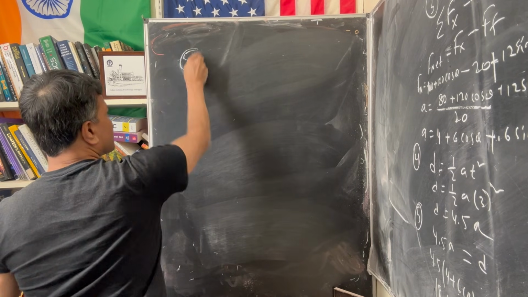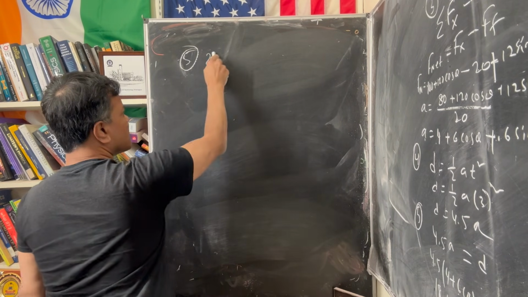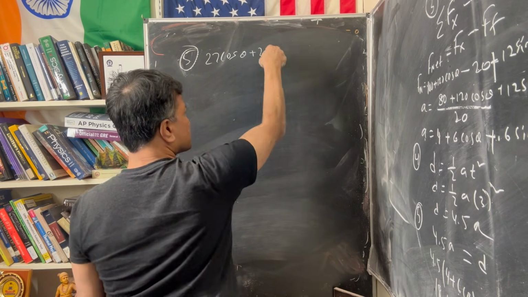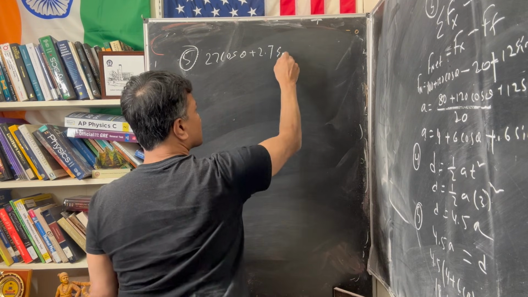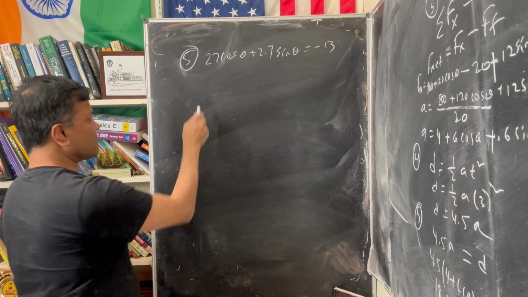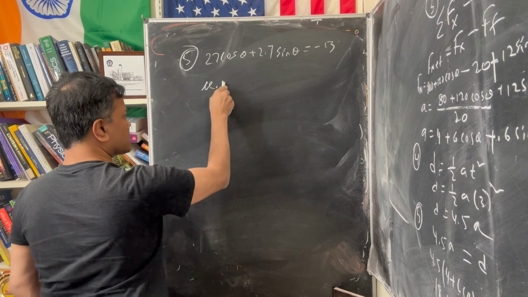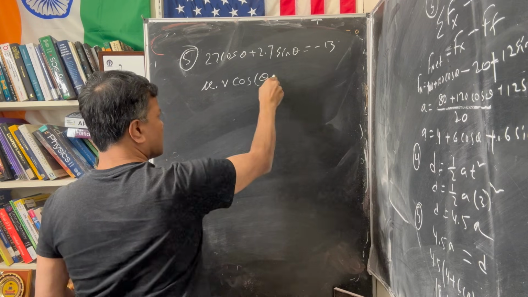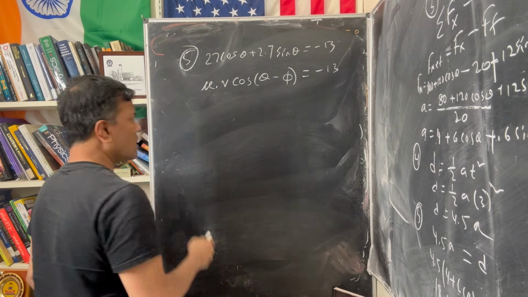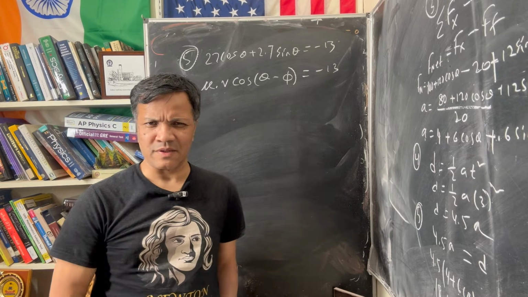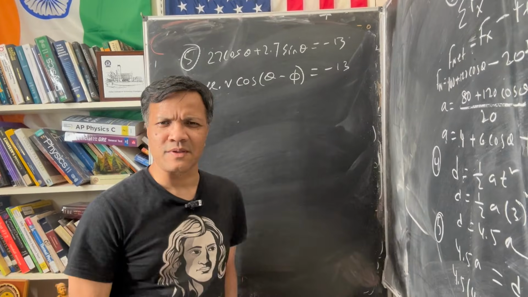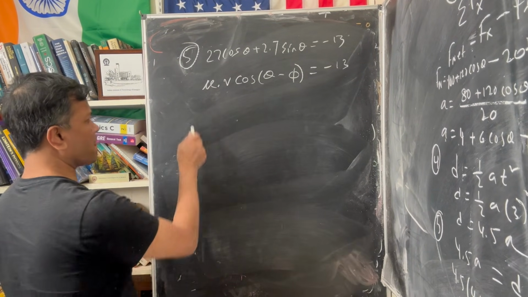Remember, step 5 is this: 27 cosine theta plus 2.7 sine theta is equal to negative 13. We're going to write the dot product, u dot v, cosine of theta minus p, is equal to negative 13. What is going on over here? You probably think. Let me bring it closer. Well, let's explain what's going on.